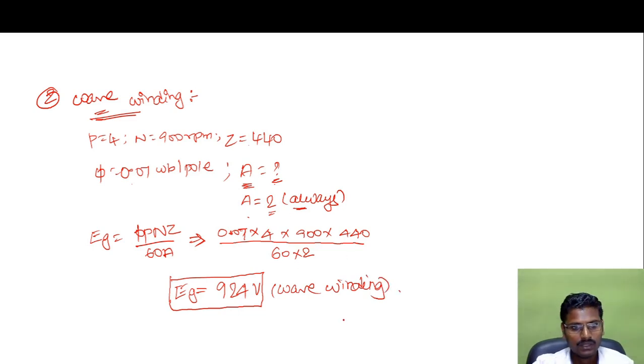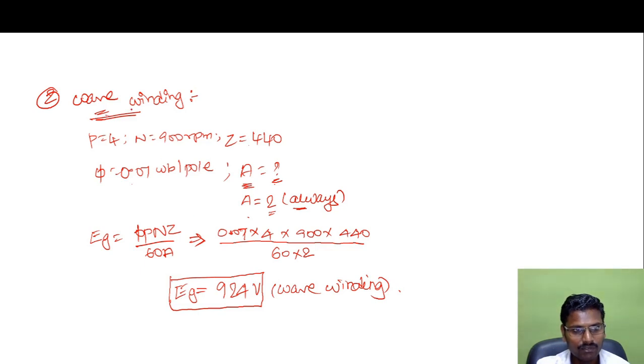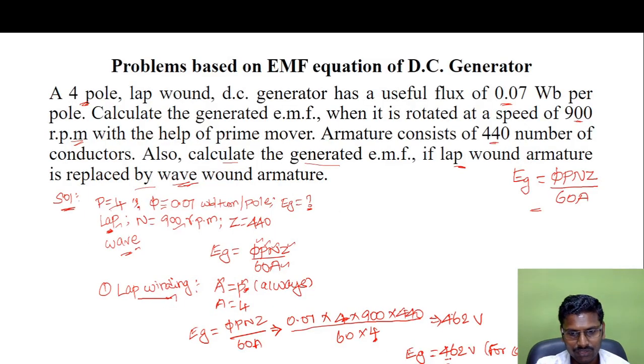So these are the two cases, and we have solved the given problem. Now let us see the last point of the problem: also calculate the generator EMF if lap winding is replaced by wave winding. When it is replaced by wave winding, we get EG equal to 924 volt. When it is lap winding, EG is equal to 462 volt.